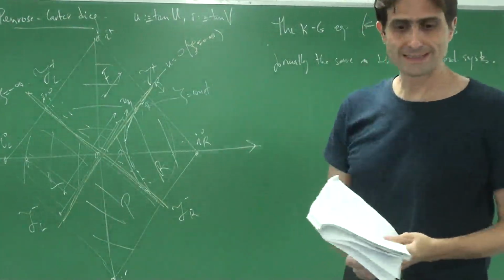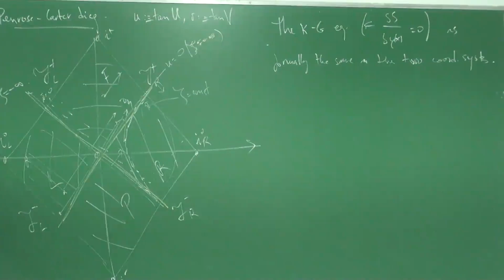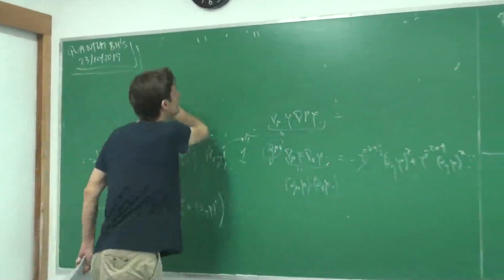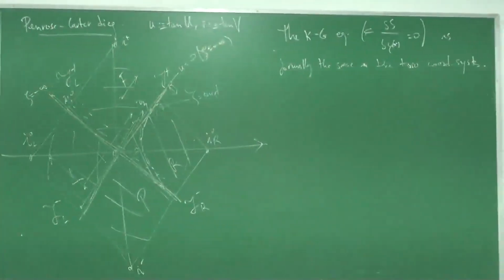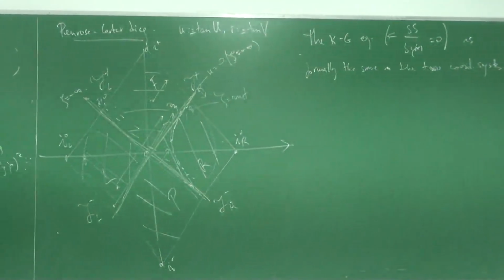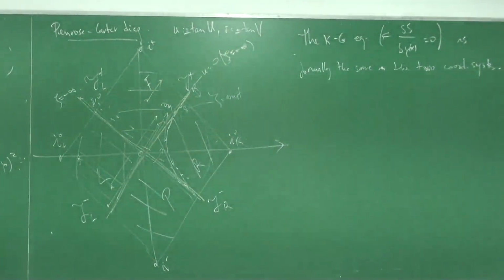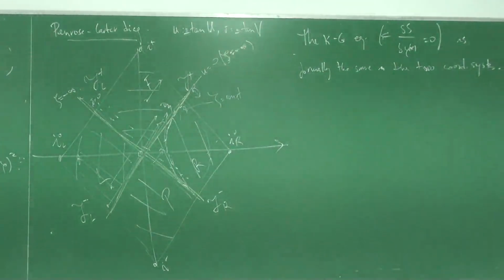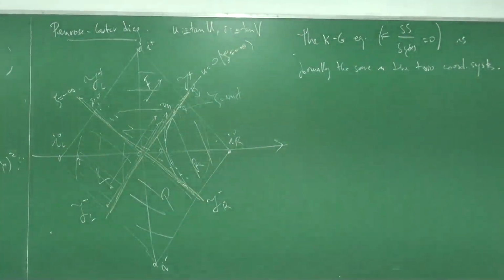I'm going to steal the left blackboard. Okay, so I'm going to do two columns, t and y. What's the Klein-Gordon equation?